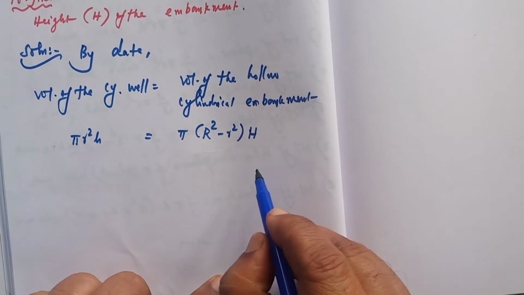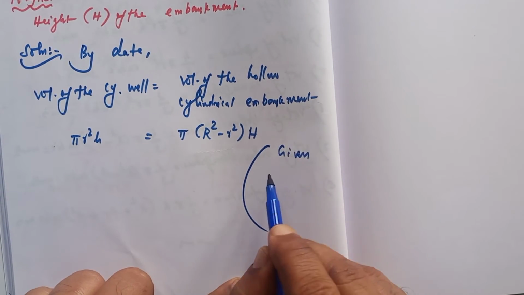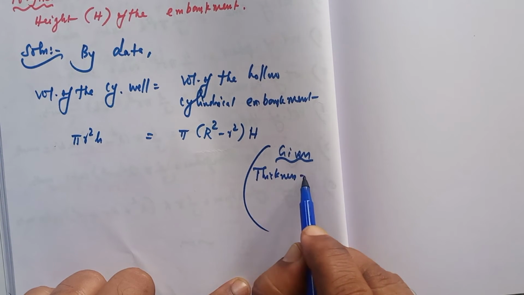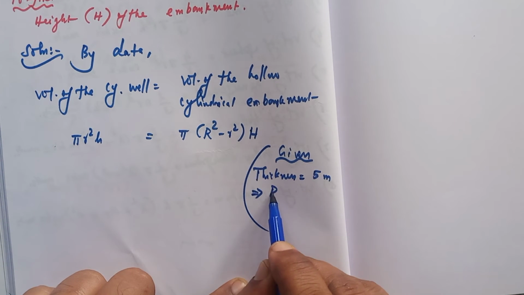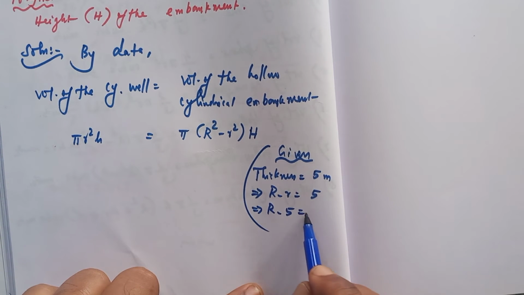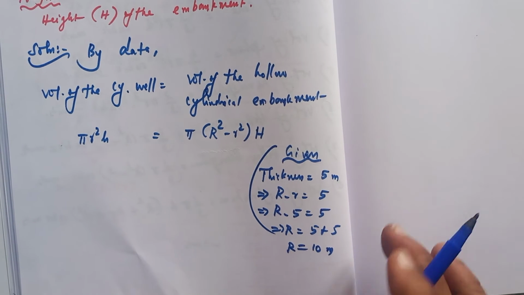Given thickness, that is capital R minus small r, equals 5. Therefore, capital R equals 5 plus 5, that is 10 meters. That is the value of capital R.